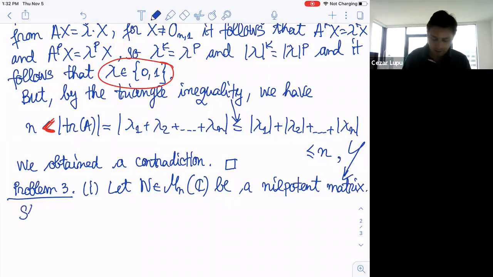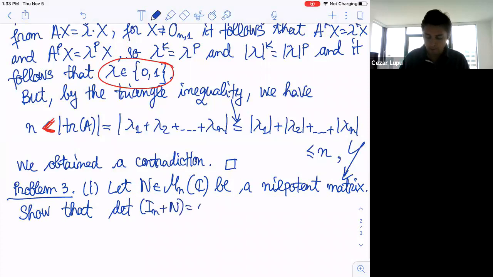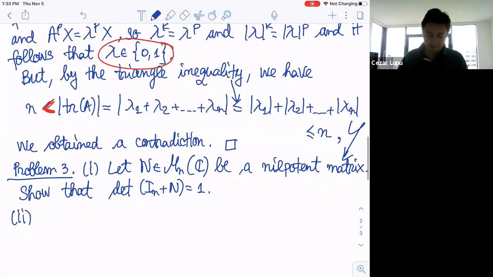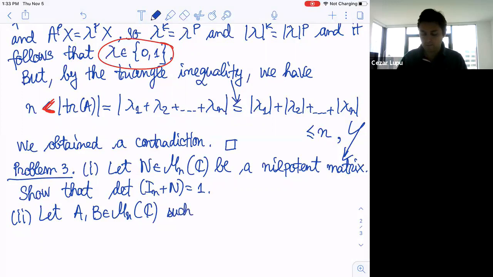And we would like to show that the determinant of the identity plus N is 1, right? This is the first part. And the second part says the following: let A and B be 2 matrices, n by n with complex entries, such that they commute, such that AB equals BA.